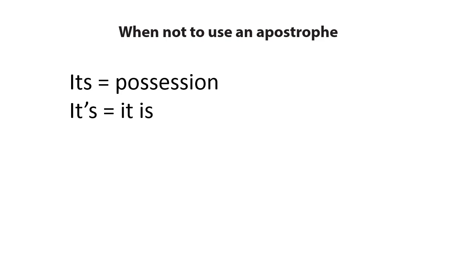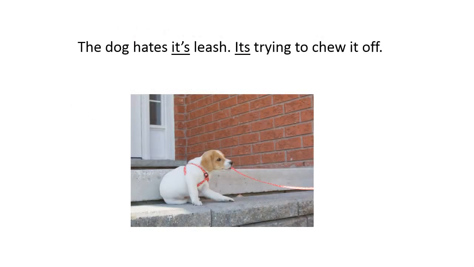So let's look at an example here and see if you can tell whether or not it's used correctly in these sentences. The dog hates it's leash, its trying to chew it off. So in the first case there, we have the apostrophe. It might be tempting to put that apostrophe in there because we think, oh, it's leash, it's possessive, and that's what apostrophes do. But no, not in this case. Its is a possessive word by nature already.